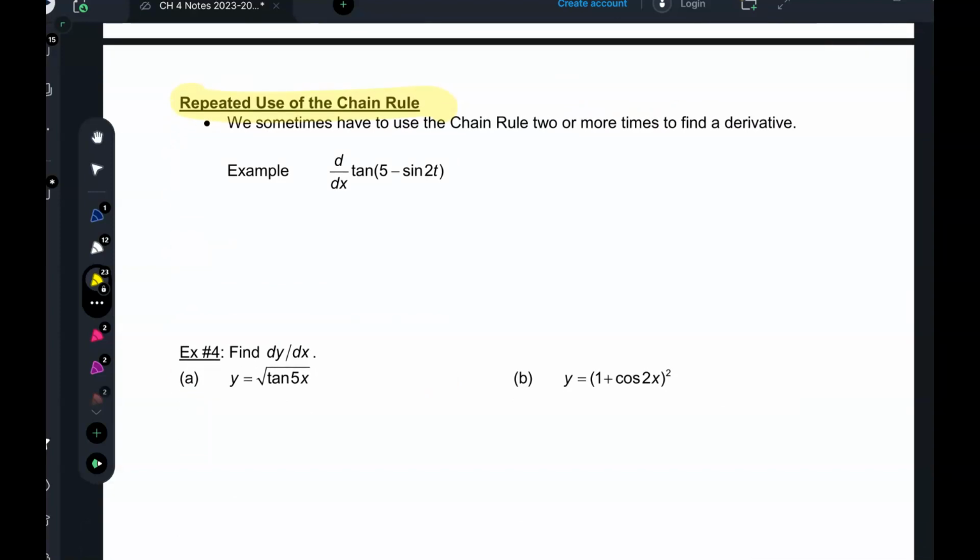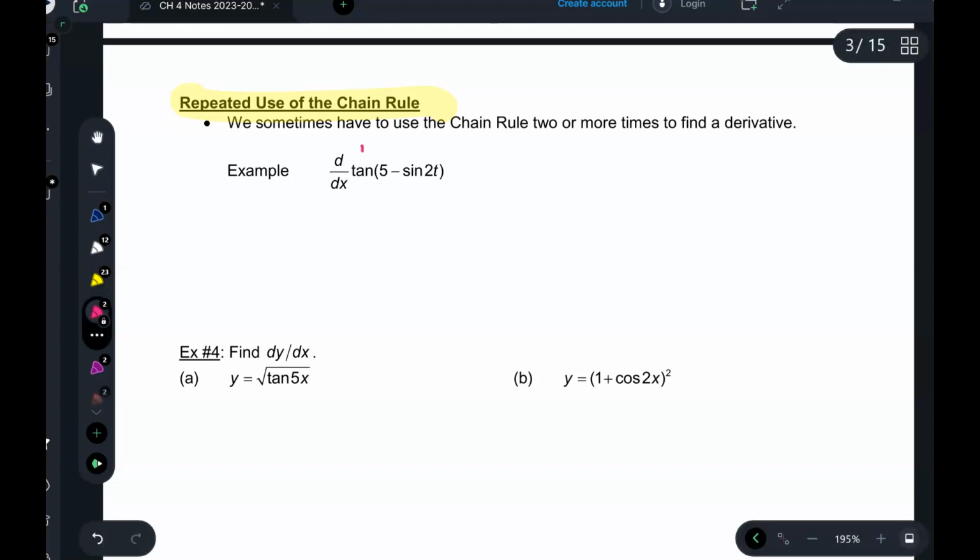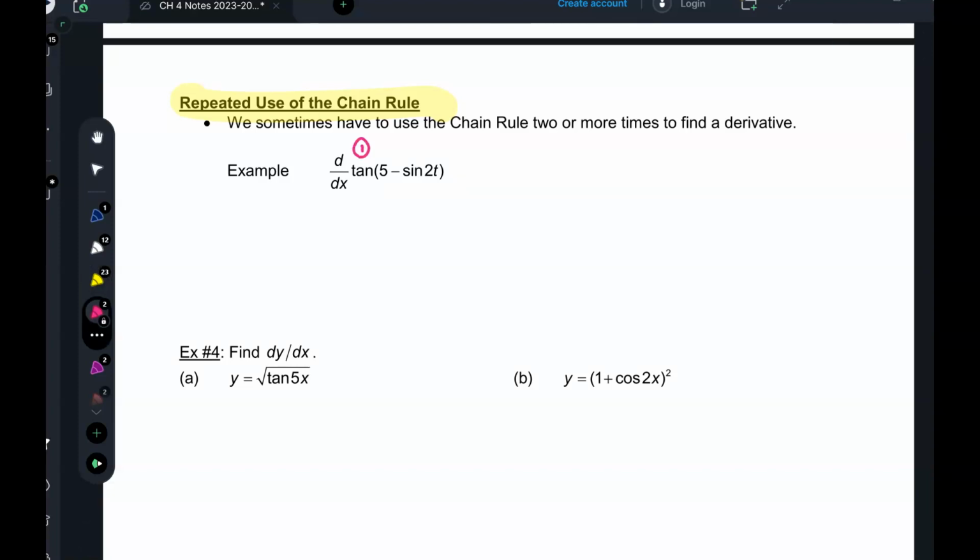What is our outermost function? Tangent, so I'll put a little 1 above it. The next part is the 5 minus the sine, my second step. And lastly, I have this little 2t, which is number 3.